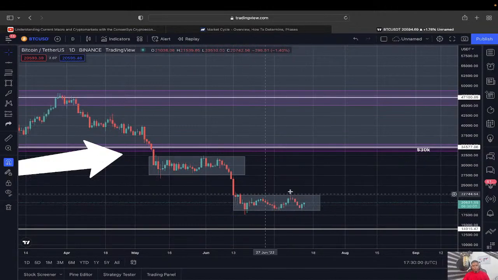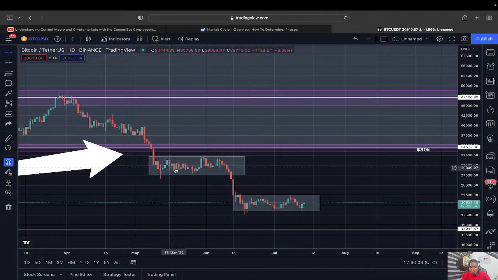Good. Now when you look closely, you will discover that price consolidated for days before it finally broke out. And when it broke out, there was a massive downpour. And currently, look at what price is doing. It's still consolidating at this region.